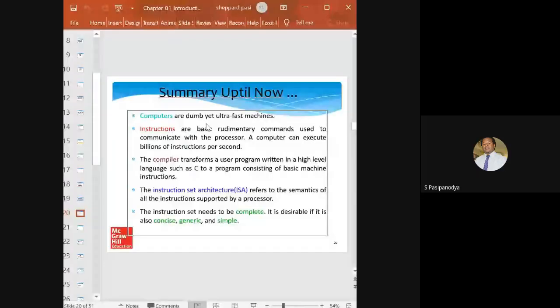By complete, we're saying it needs to have all the parameters endorsed. Concise, we're saying it needs to tell the computer exactly what it needs to do. Generic, we're saying it doesn't need to be specialized. And with simplicity, we're saying it doesn't need expert knowledge for you to understand the simple instruction, and the computer also understands it.